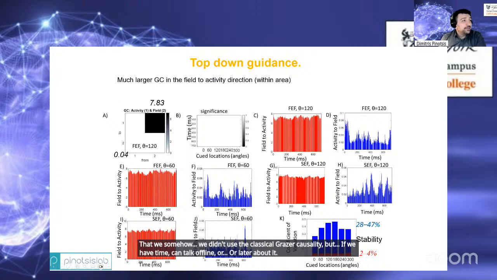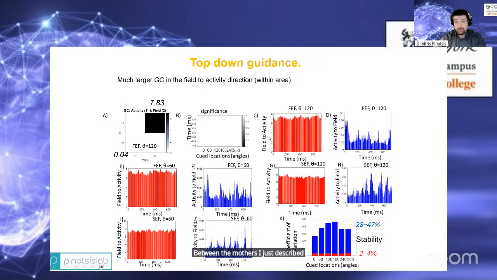Field to activity means the impact from the electric field, the mesoscale, on the micro spiking. And the impact is quantified in terms of this Granger causality coefficient, which is like an F-test, a log likelihood ratio between the models I just described with variable B or without. And you see this is of the order of 8 or 7 here.